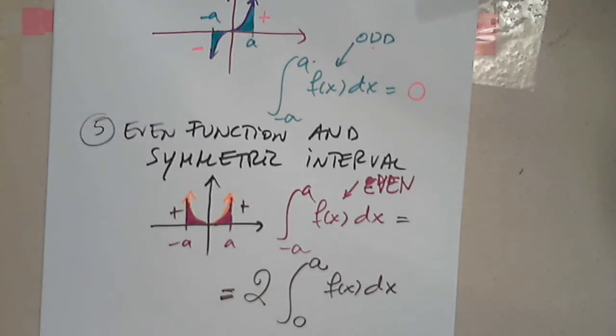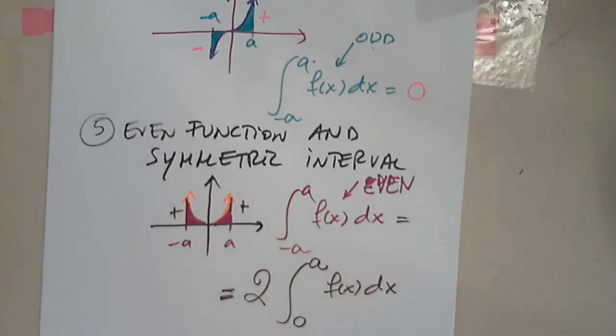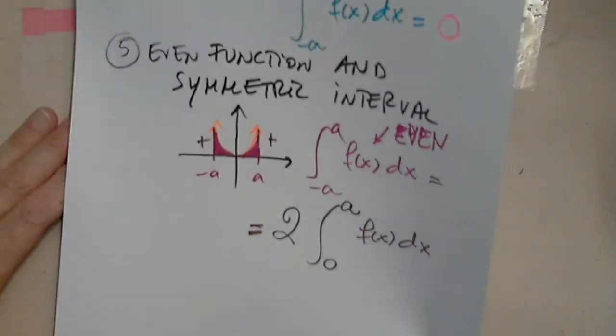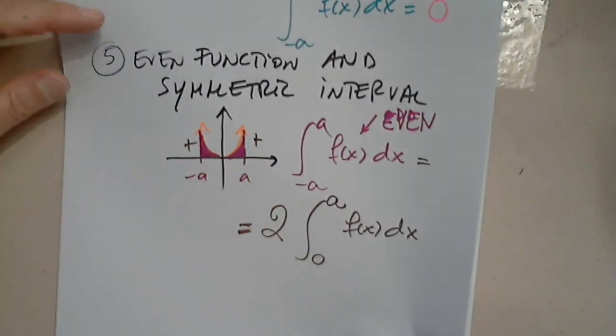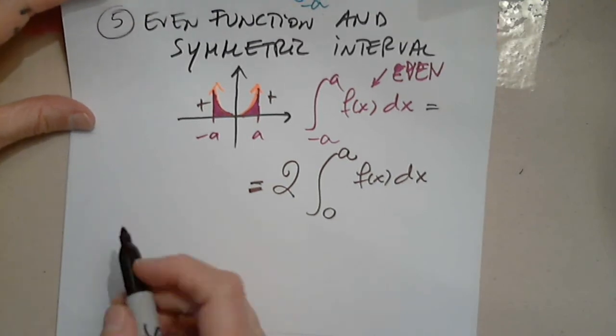But this is possible only if the function is even and the interval is symmetric. Otherwise, this property doesn't work. It's not applicable. So it's always easier to determine the integrals from 0 to a number than from -5 to 10 or from 2 to 9.